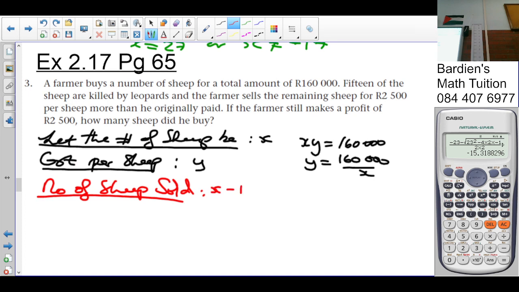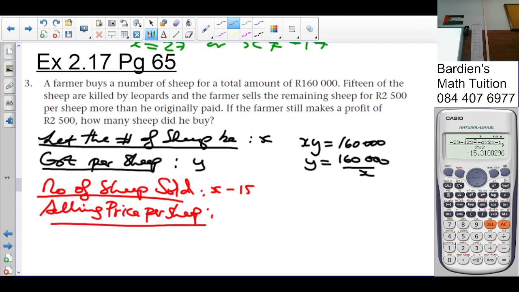X minus 15. Then the selling price per sheep: he sells the remainder for 2,500 rand per sheep more than the original price. That was the original price, so it's y plus 2,500, and he still makes a profit of 2,500 in total.